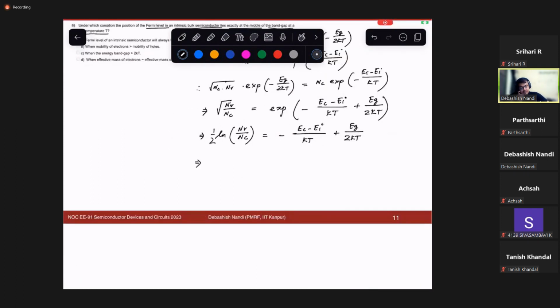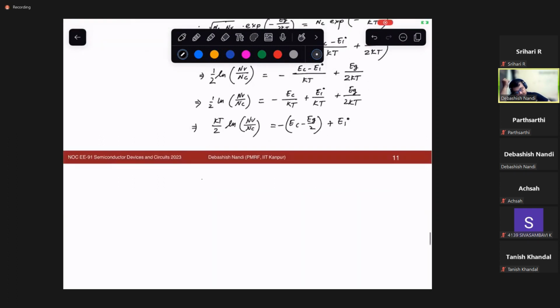So you have half ln Nv by Nc is equal to minus Ec by Kt plus Ei by Kt plus Eg by 2Kt. So if I take Kt over 2 here, Nv by Nc is equal to Ec minus Eg by 2 plus Ei.